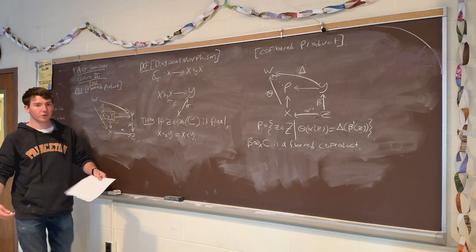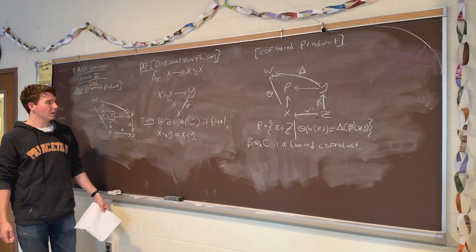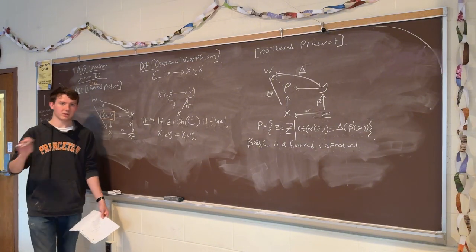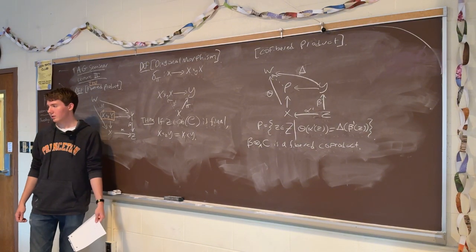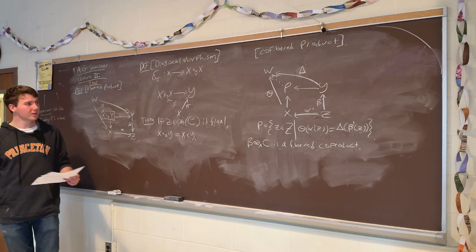So if we have an arrow from every other object to z, then the fibered product through z is just the product of x and y, because everything will factor uniquely through the product. No, because it has to. It literally just has to.